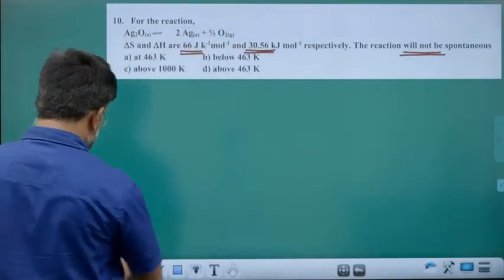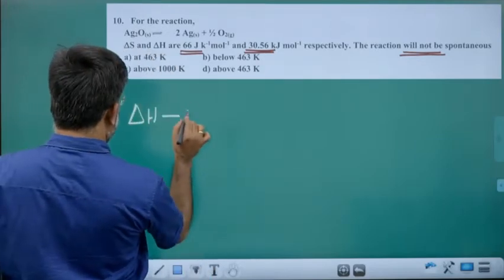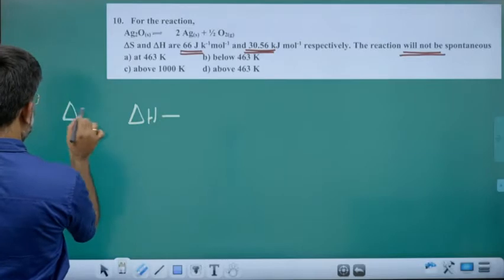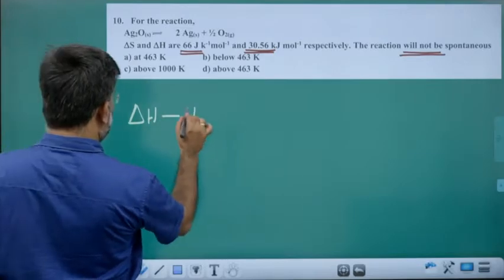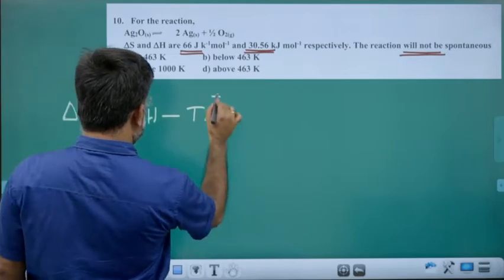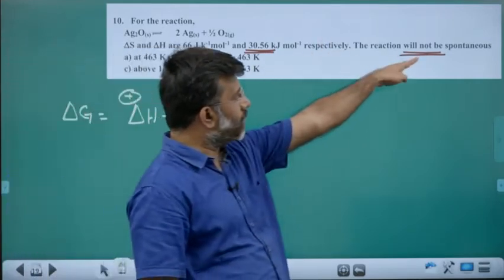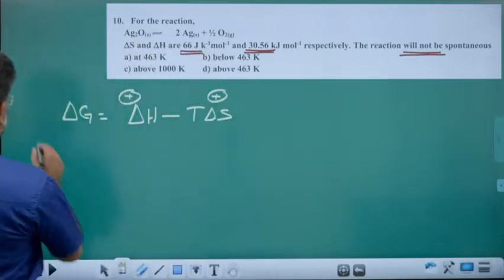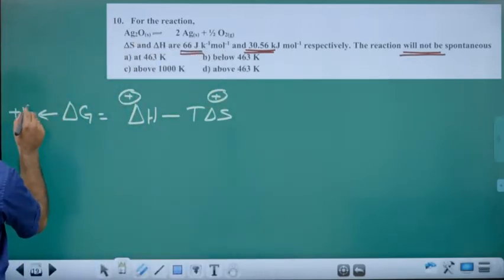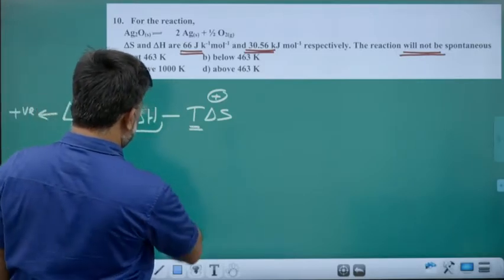You see, the Gibbs equation once again. I am just writing: delta G is equal to delta H minus T delta S. This is given positive, and the reaction will not be spontaneous. That means delta G will be positive, which means delta H is greater, that means lower temperature.